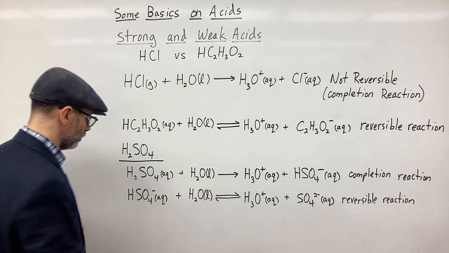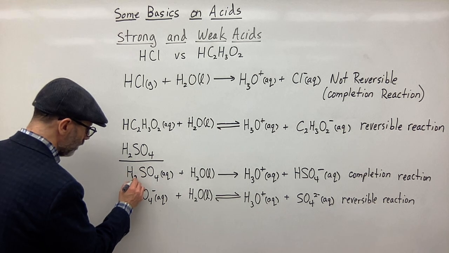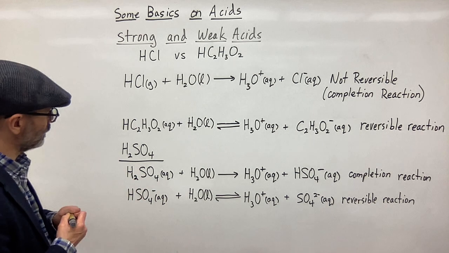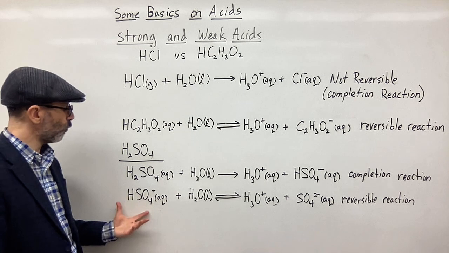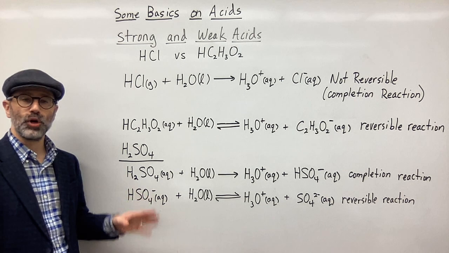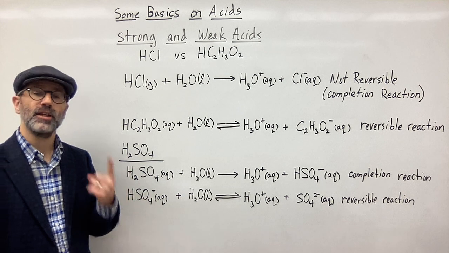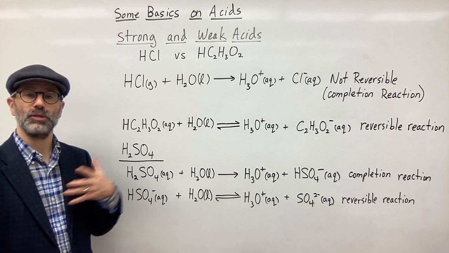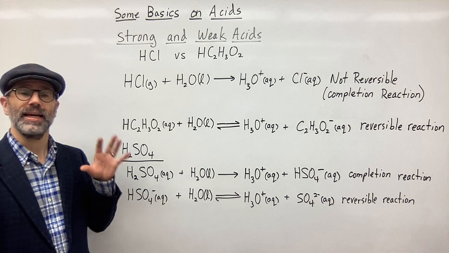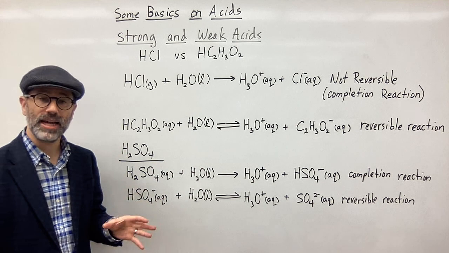So here, I want to point out this diprotic acid. This is sulfuric acid, H2SO4. Now, sulfuric acid is a strong acid for the first hydrogen that comes off. The first proton that comes off is the strong acid, but then after that, you're dealing with a weak acid.